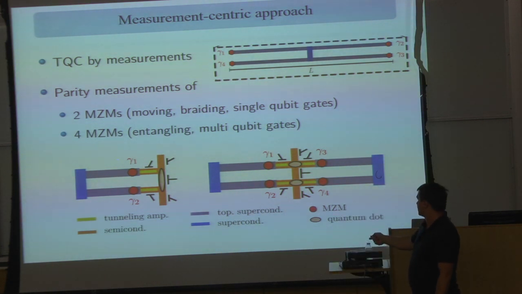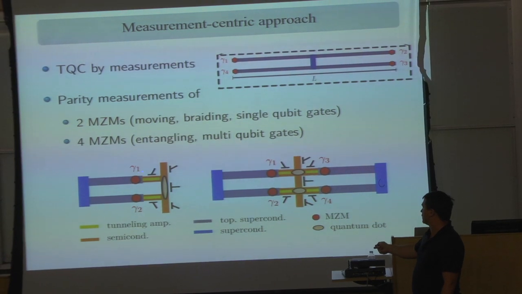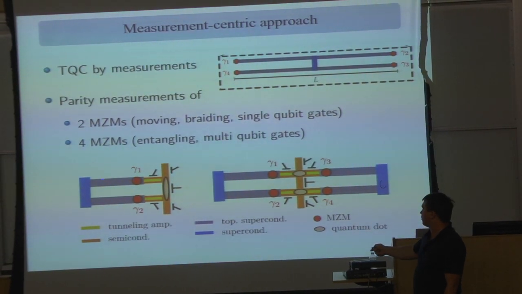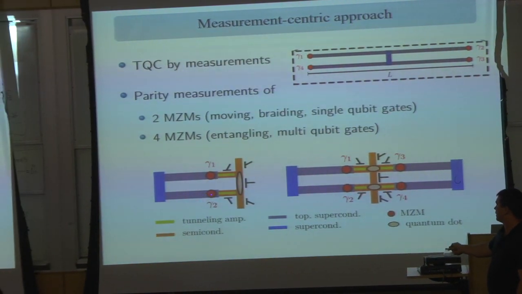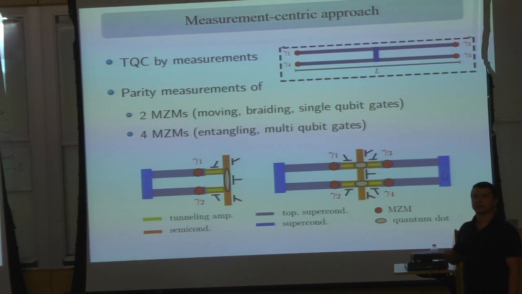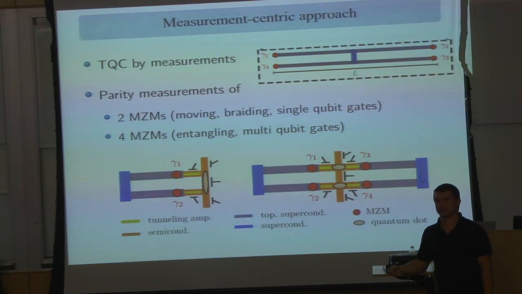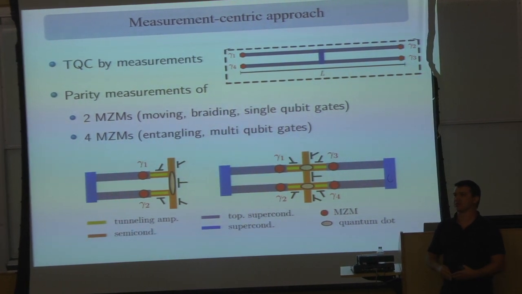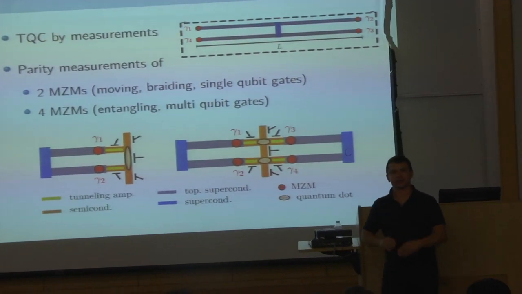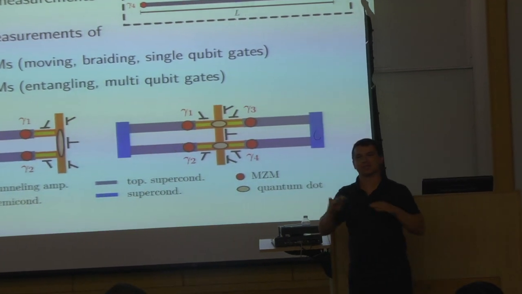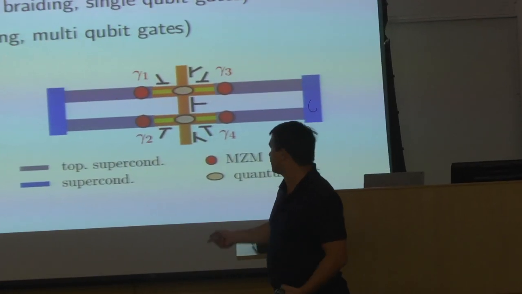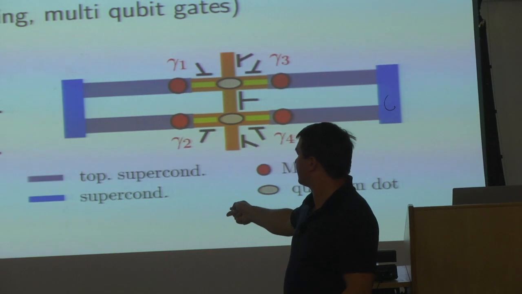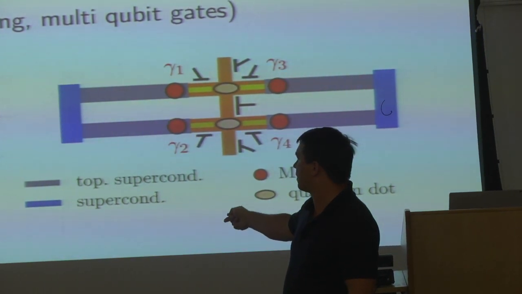So in other words, the process of electron tunneling here and then propagating through the system and then tunneling out on the other end actually corresponds to a little interferometer. And we know that interferometers are sensitive to global quantities. They're sensitive to what happens inside of this trajectory, and therefore they're sensitive to the parity of gamma 1 and gamma 2.